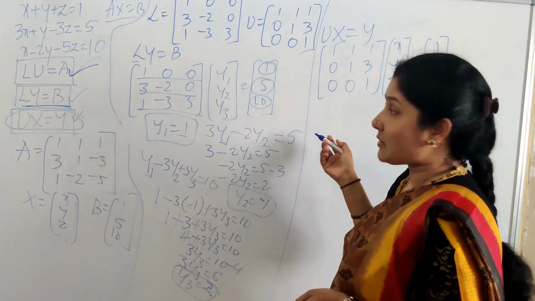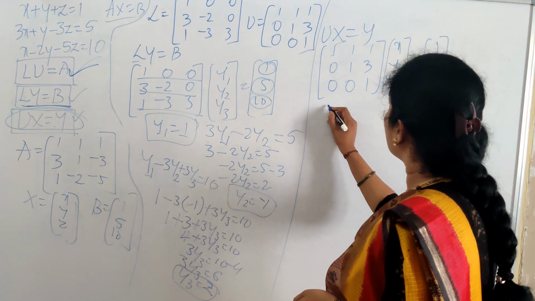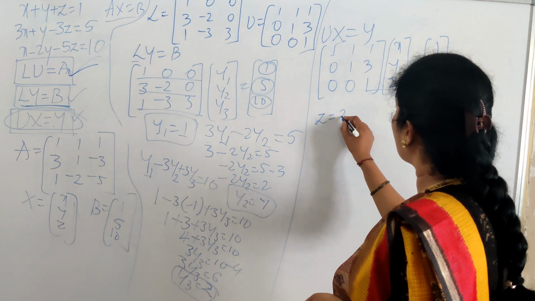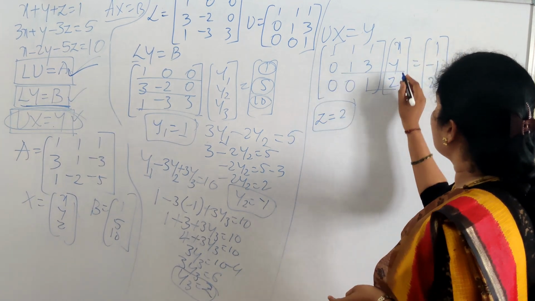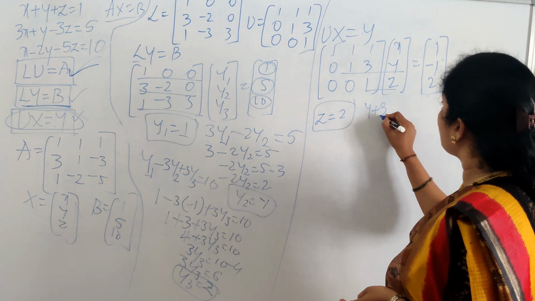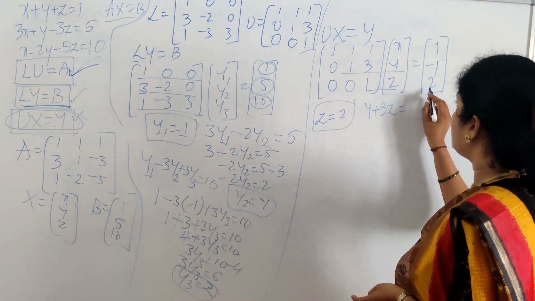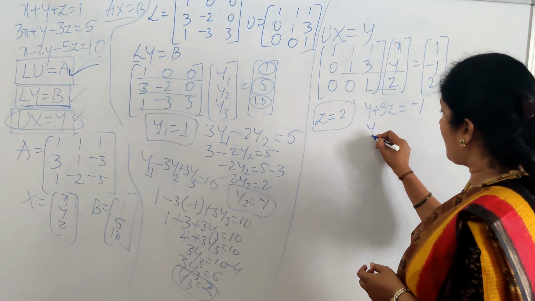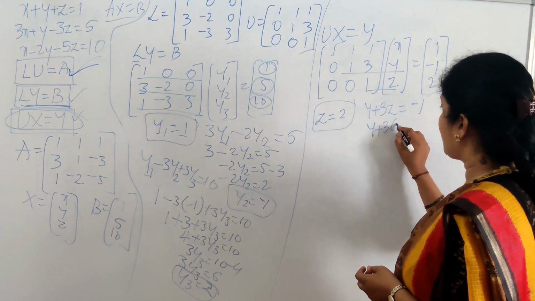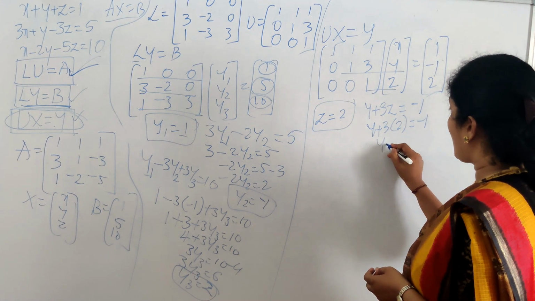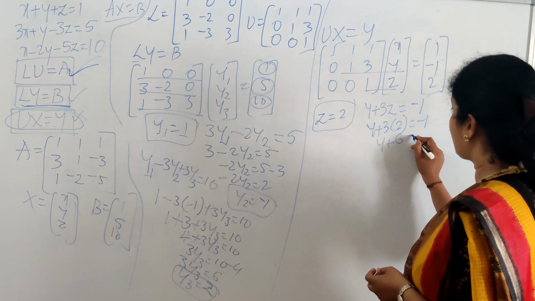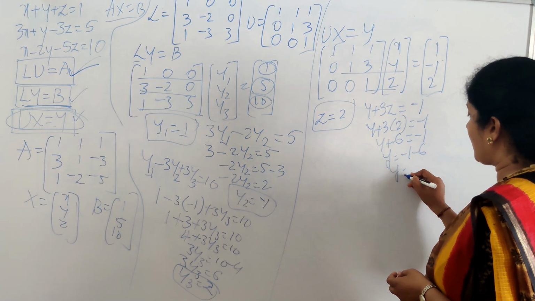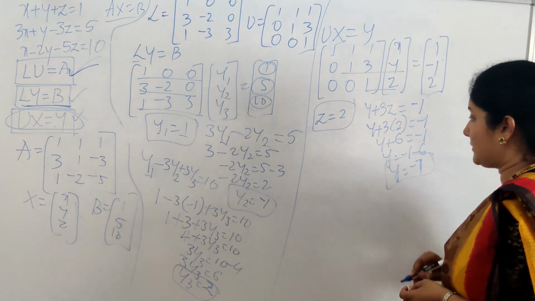Now, cross multiply. See here, directly we can get the value. Z is equal to 2. And here, y plus 3z is equal to minus 1. So, y plus 3 into z is 2. Y plus 3 into 2, that is 6, equal to minus 1. Therefore, y equal to minus 1 minus 6. Y equal to minus 7.